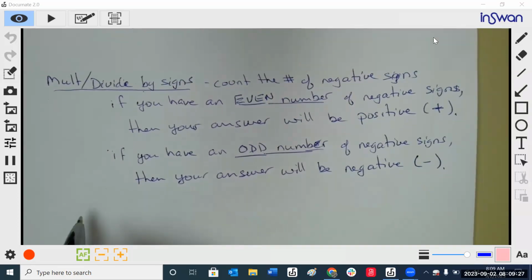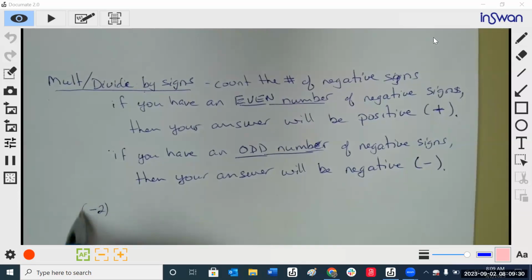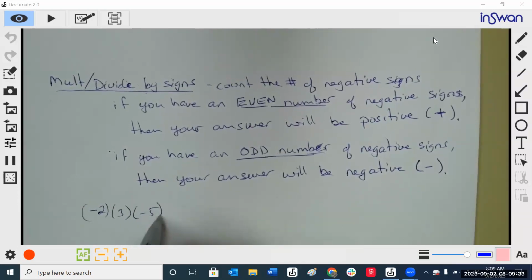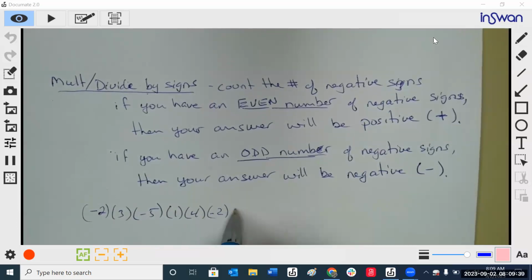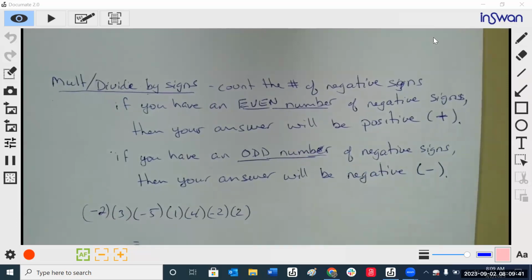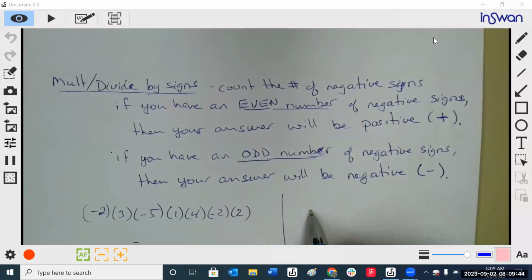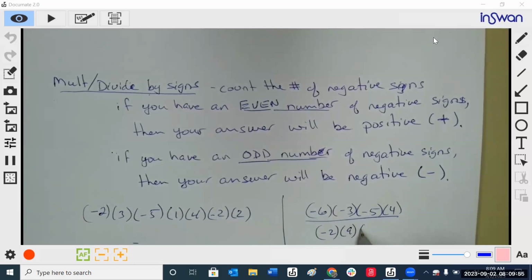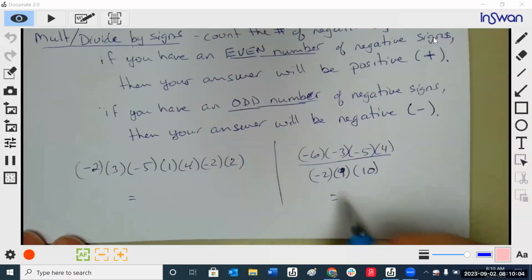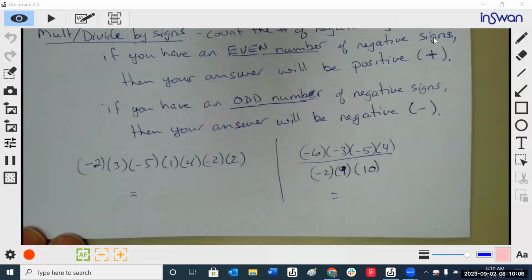So for examples, in this first one, will the answer be positive or negative?